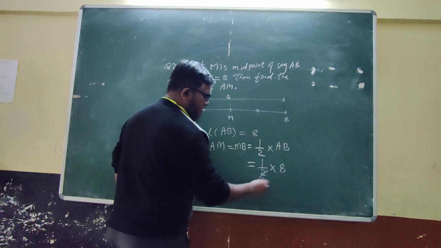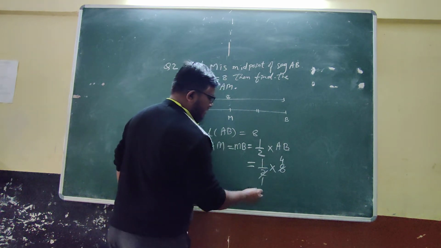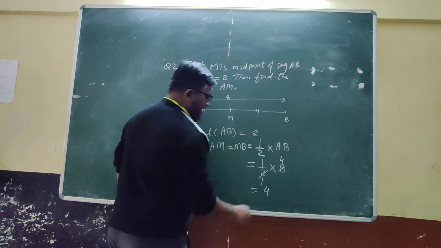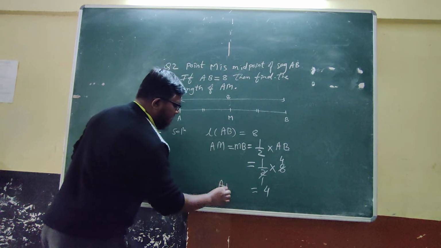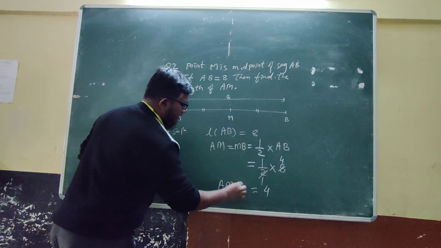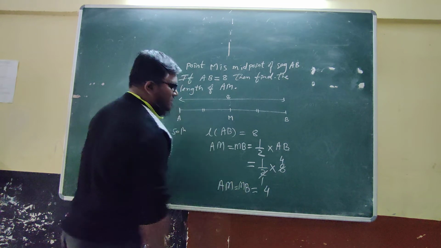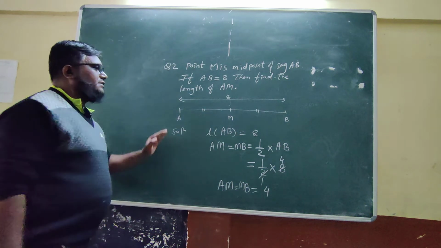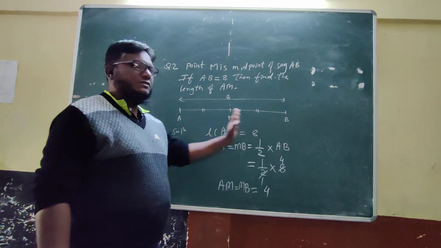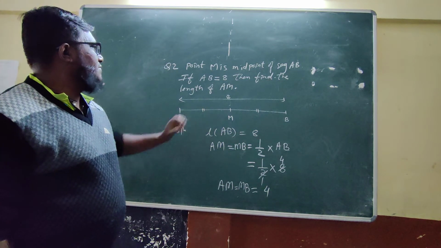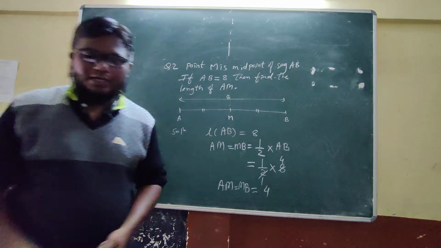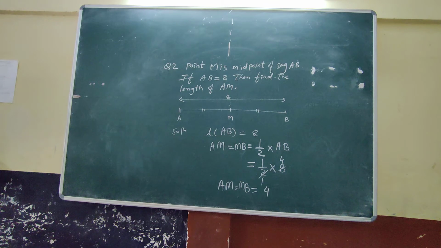Then 2 1s are 2, 2 4s are 8. Now 4 1s are 4. Like this, length of AM is also equal to length of MB, which is equal to 4. It is exactly half of the length of the full segment which is given here. Like this, we have to solve example number 2.